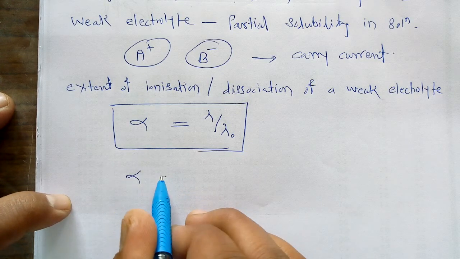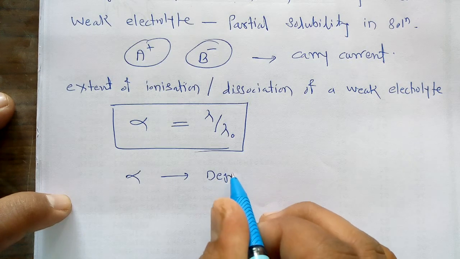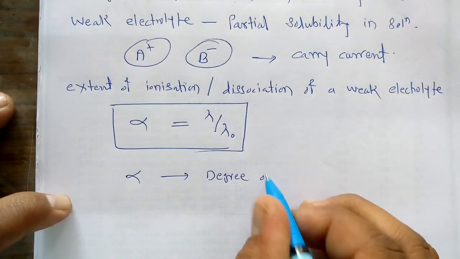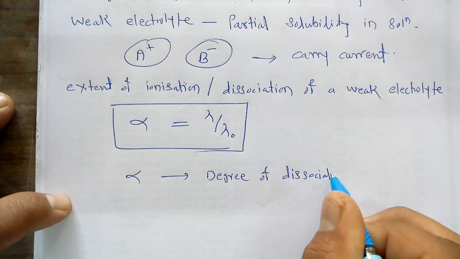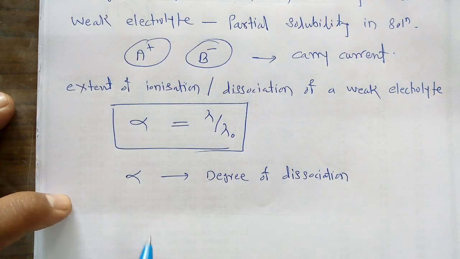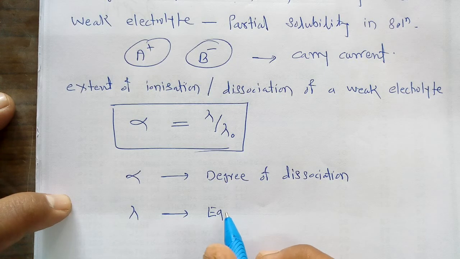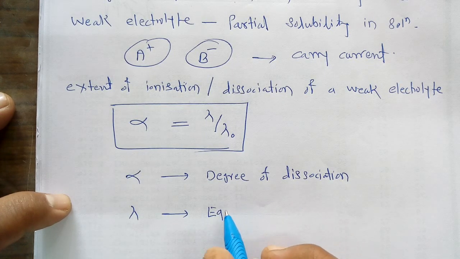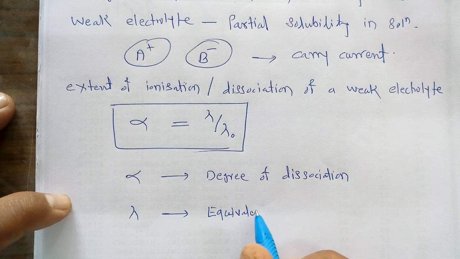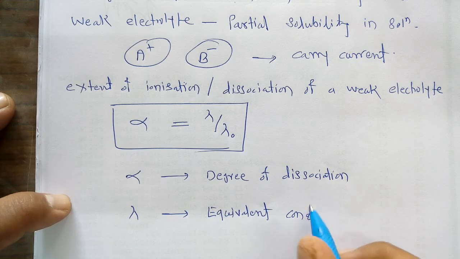where alpha is called the degree of dissociation of this weak electrolyte. Second is lambda. What is this lambda? Lambda is called the equivalent conductance.